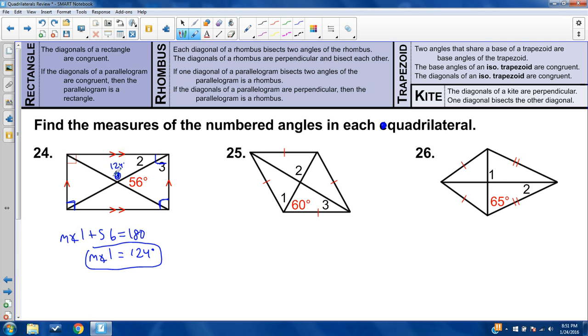Okay, I'm trying to find a different way to tell you what's next for 2 and 3. For starters, I can tell you that these are complementary, meaning they add up to 90 degrees.